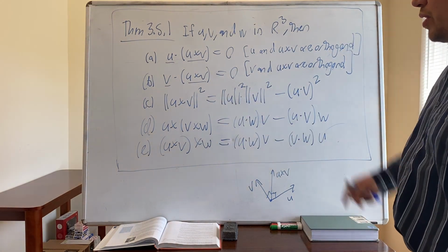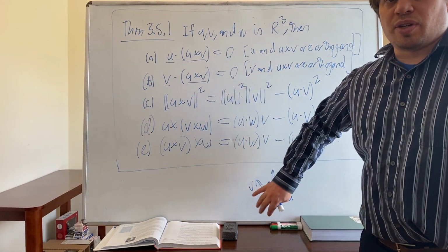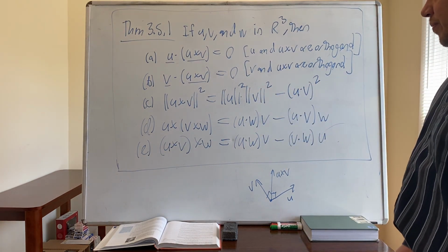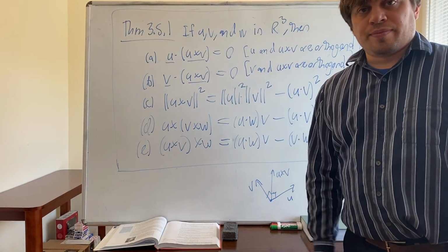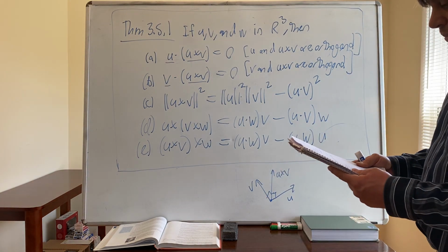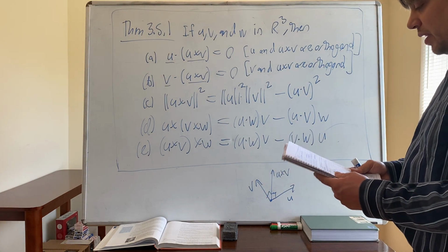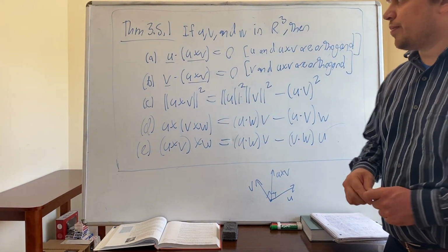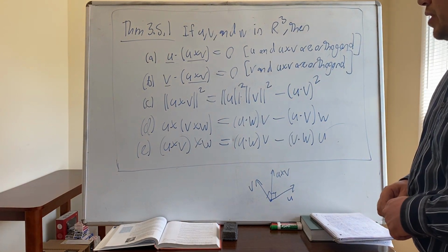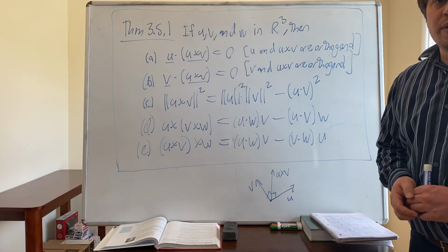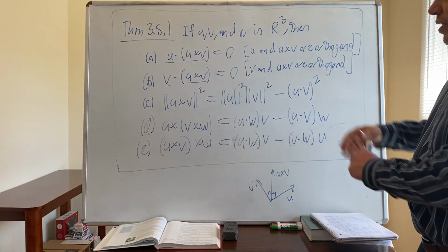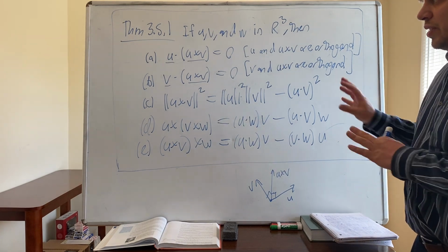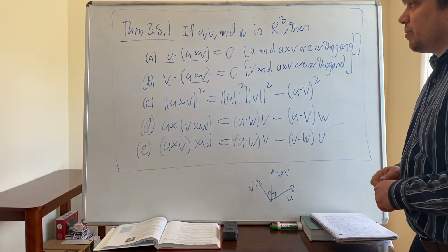A and B tell you something very specific about the geometry, and C, D, and E are kind of just values that are the same. These have names, but you don't have to worry about them. You have these 5 equations, and you can look back at the video and pause it to copy them down.